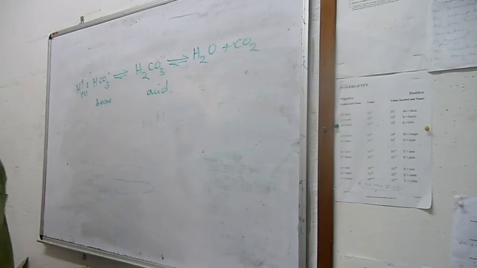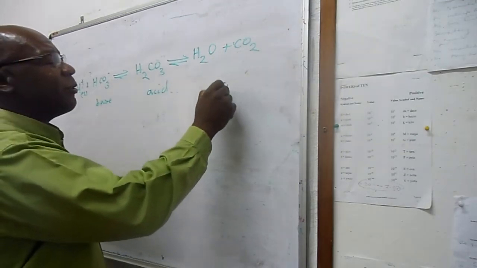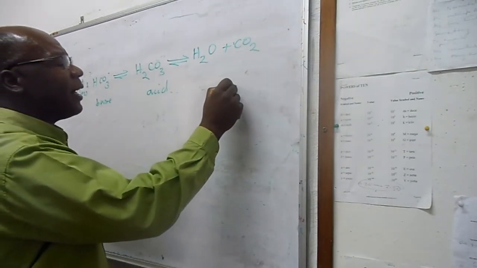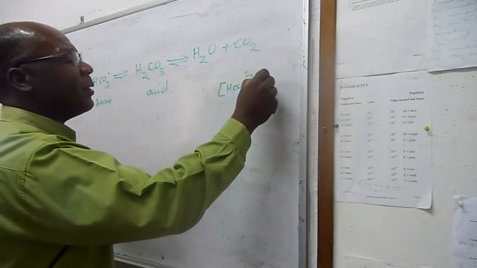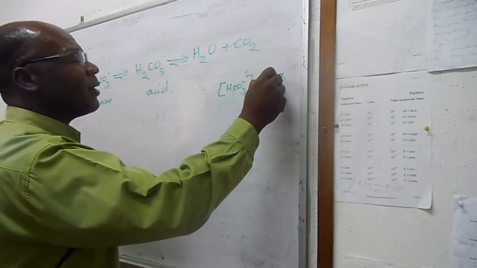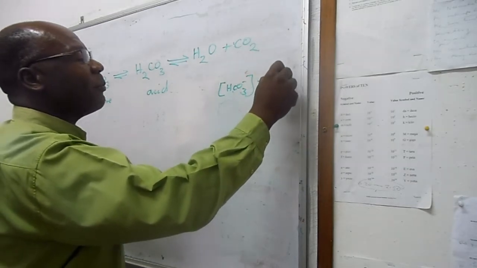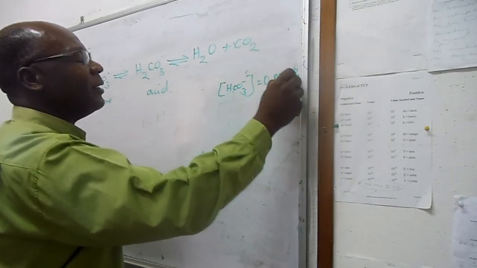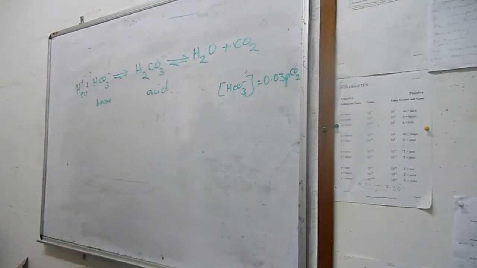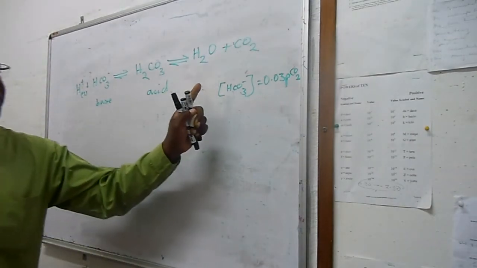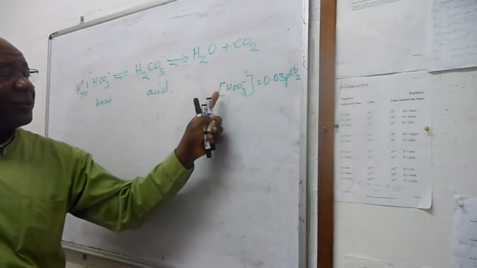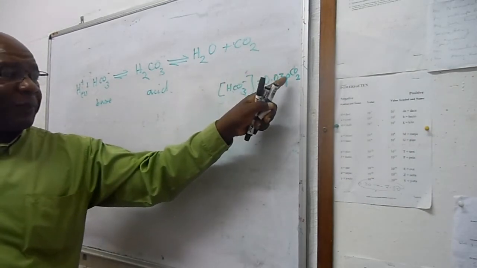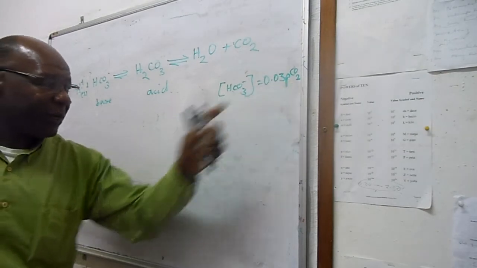Normally the concentration of carbonic acid is given as 0.03 times the partial pressure of carbon dioxide. That's a correlation between the concentration of the acid and the partial pressure of carbon dioxide in the human blood.